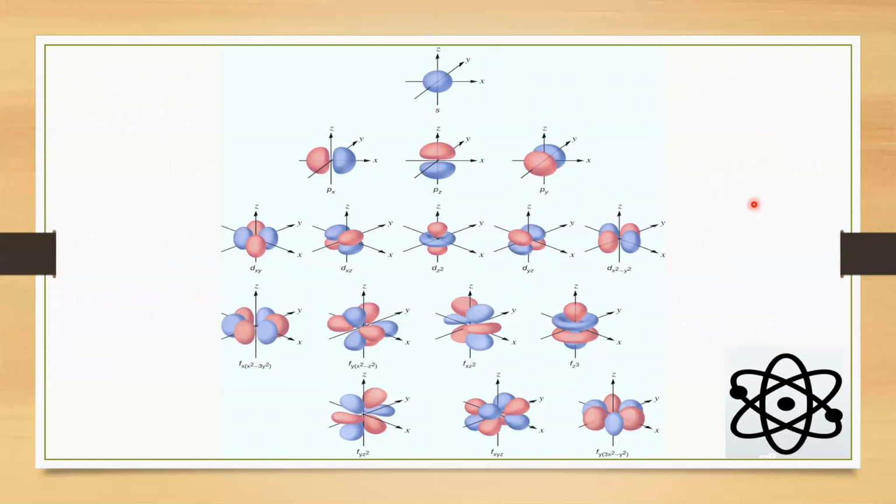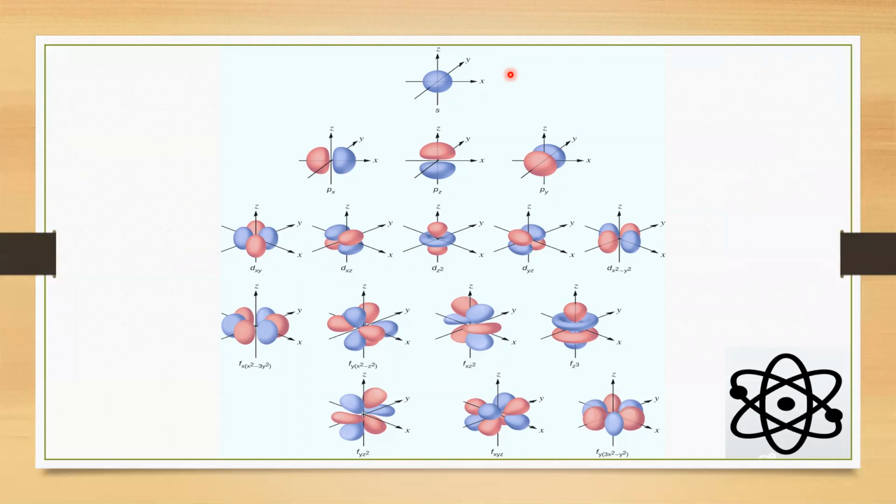So here comes the shape of the orbitals, right? That is determined with the help of the quantum numbers. Here we have the shape of the s orbital, the p orbitals, d orbitals and f orbitals. The s orbital is of the K shell, so it can accommodate only 2 electrons, hence we have only one s orbital, no other suborbitals.